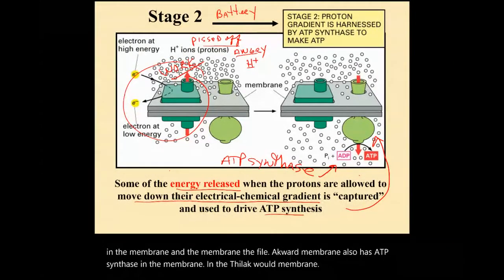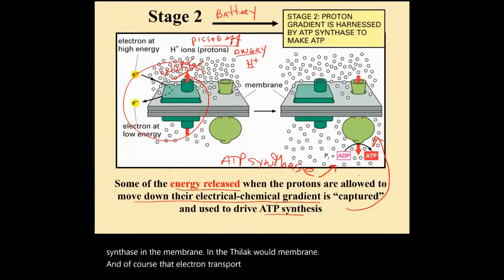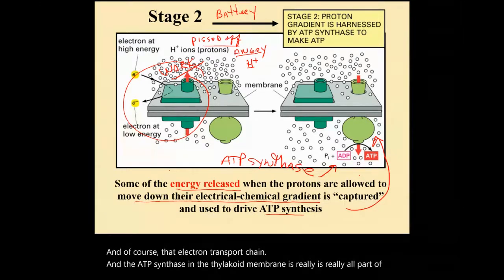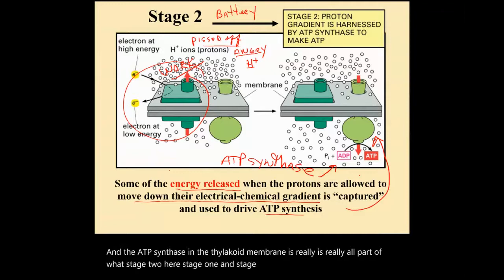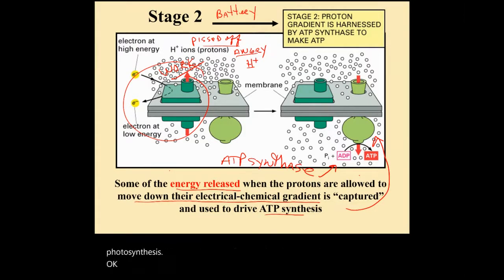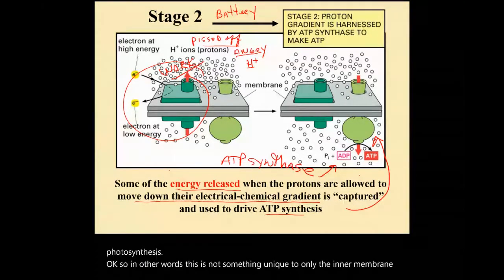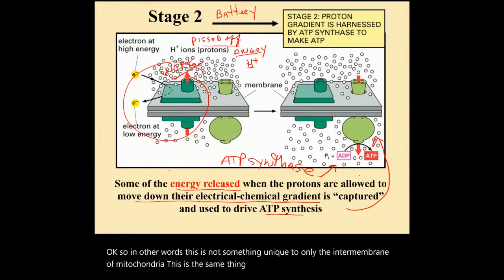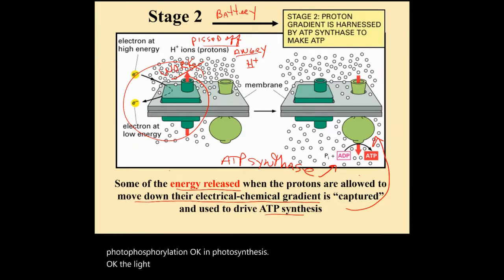And of course, that electron transport chain and the ATP synthase in the thylakoid membrane is really all part of stage 1 and stage 2 that takes place during photosynthesis. Okay? So in other words, this is not something unique to only the inner membrane of the mitochondria. This is the same thing that's happening during photophosphorylation in photosynthesis, the light-dependent reactions of photosynthesis.